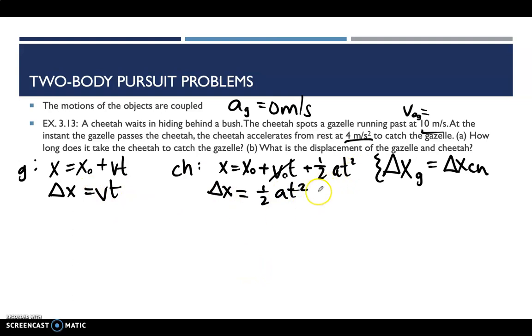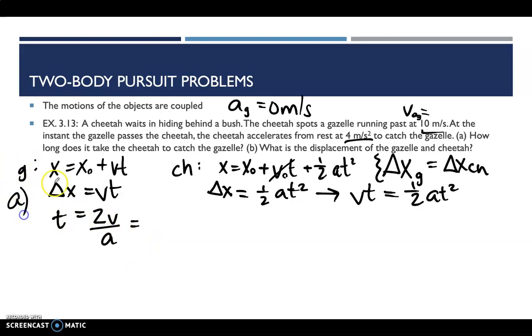Then we can equate these two, so v times t equals 1/2 at squared. Then we just solve for t, and we find 2 times velocity divided by acceleration is our time.